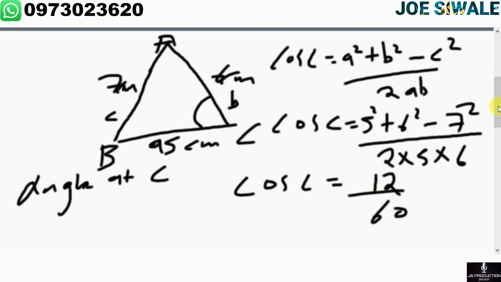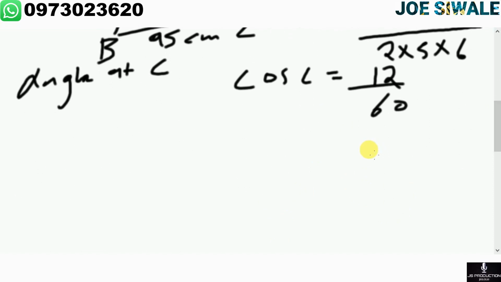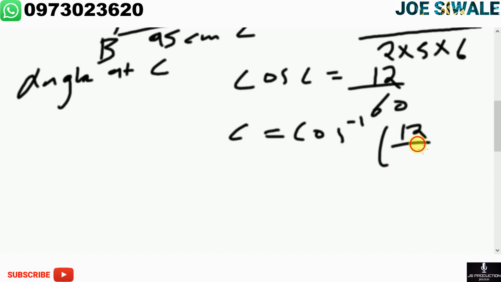So here I'll say the angle at C is equal to cos inverse of 12 divided by 60, not divided by 6 but 60.